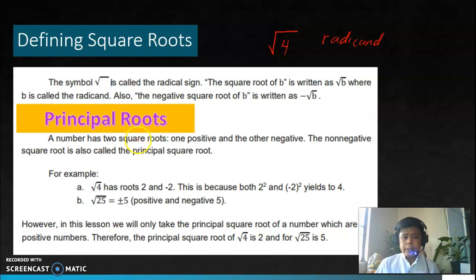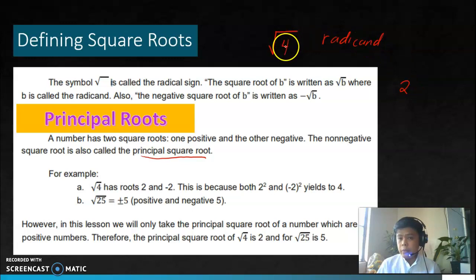Next, let's proceed to principal roots. A number has two square roots, one positive and the other negative. The non-negative square root is called the principal square root. So, kanina, ang 4, kapag kinuha natin ang square root na yan, isip kayo ng number na minultiply sa sarili niya para lumabas yung 4. Di ba 2? 2 times 2.